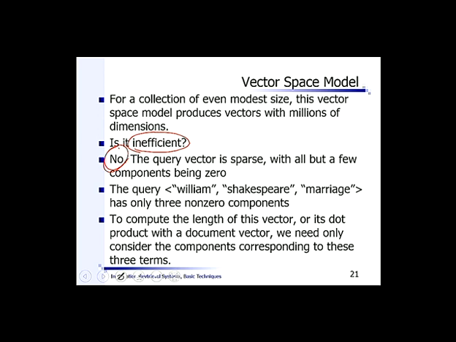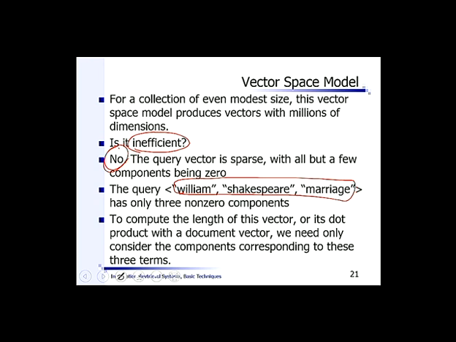Why? The query vector is sparse with all but a few components being 0. Well, the idea is that whenever you give a query, the query will have very few terms. Like if I give the query William, Shakespeare and marriage, now we have only 3 components which are non-zero.